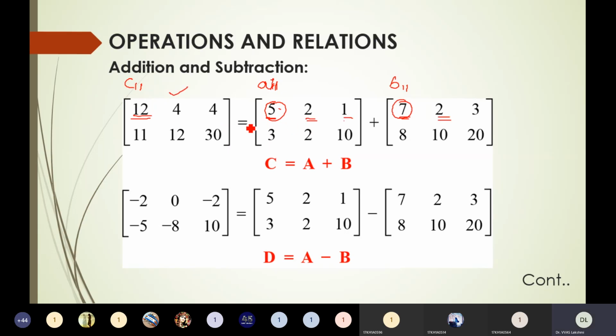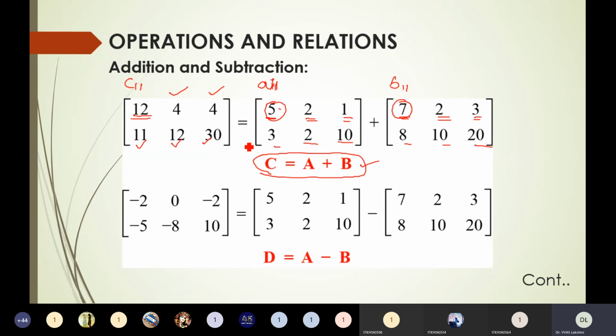And the third element, 1 plus 3, that is 4. 3 plus 8, 11. 10 plus 2, 12. 20 plus 10, 30. So here C is equal to A plus B. This is the addition operation. There is no rule for addition.